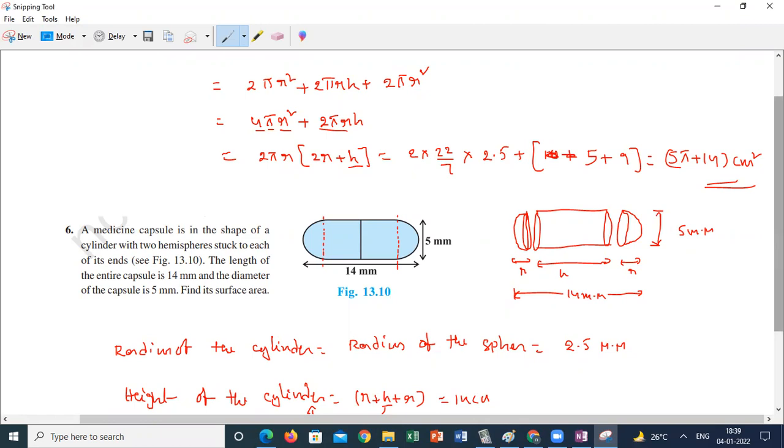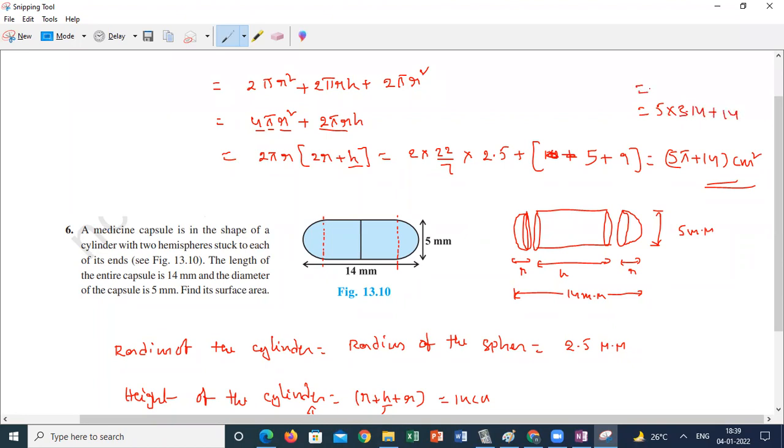Students, is it clear what the answer is? What is the final answer? Can anyone give the final answer? 5 into 3.14 plus 14.